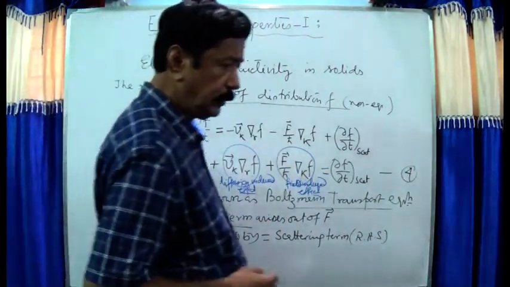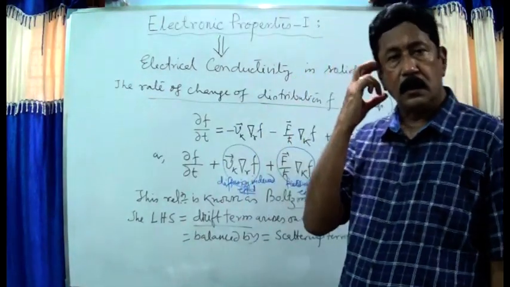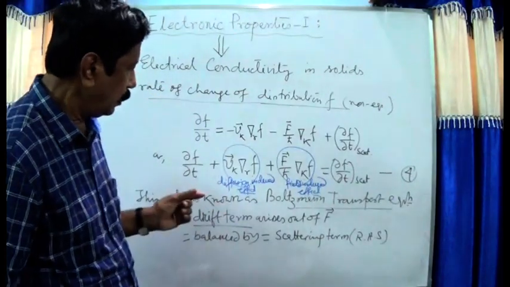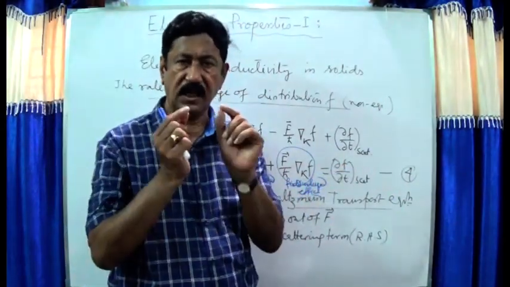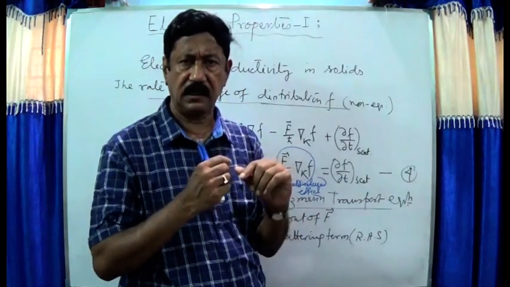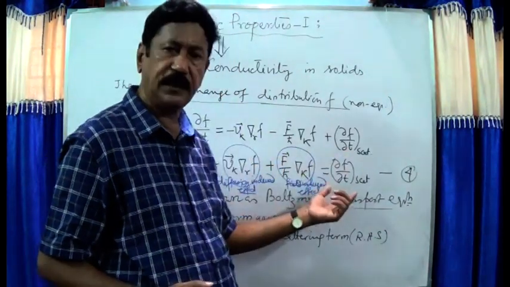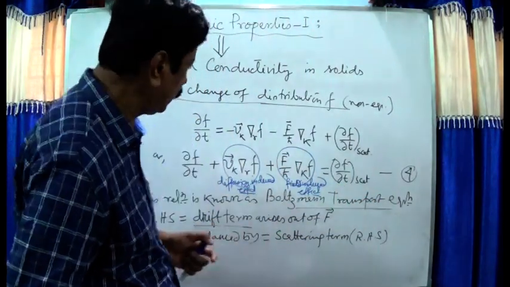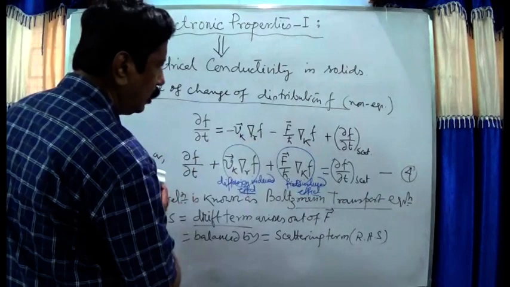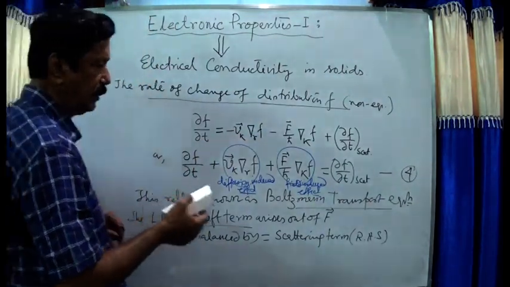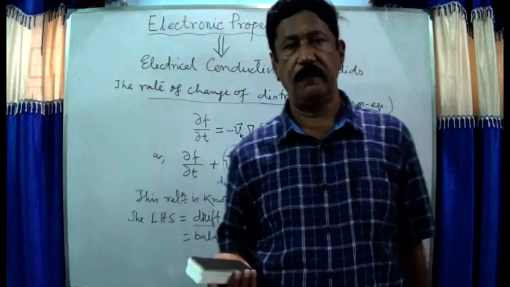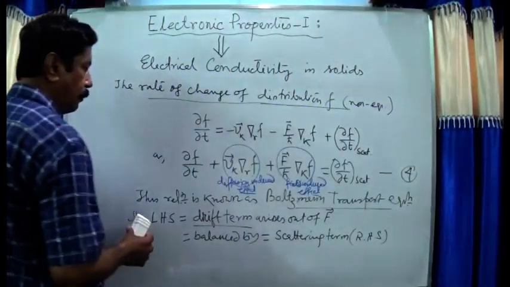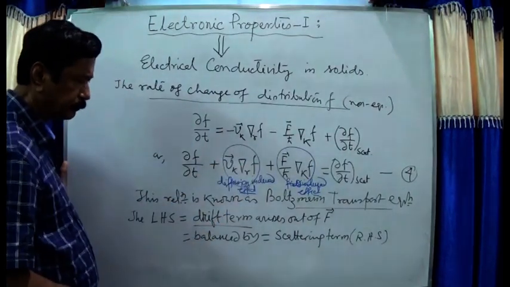Now, before going into detail on the relaxation time approximation, let us discuss a little, or just recollect what we have learned about the scattering term. How it can be expressed, how it can be managed quantum mechanically, and what is the functional form of this.